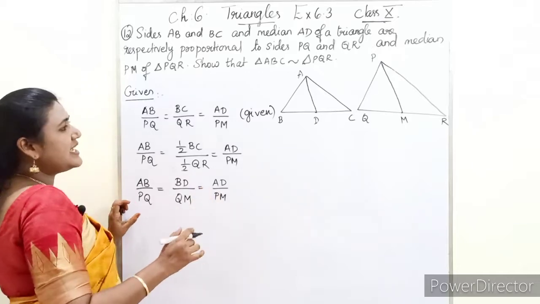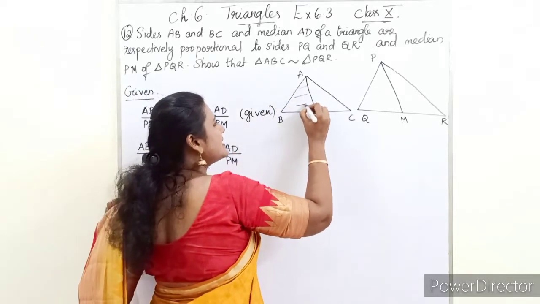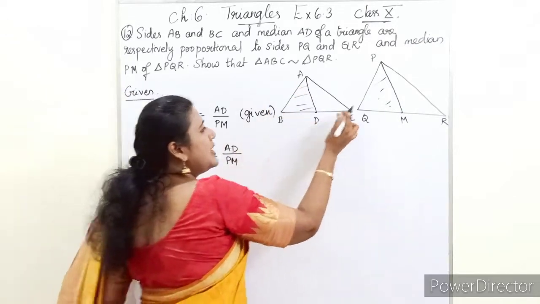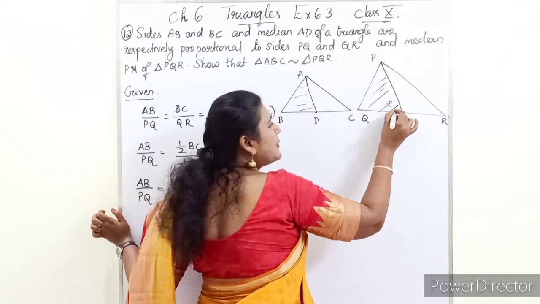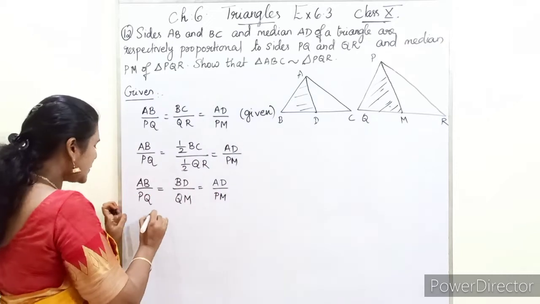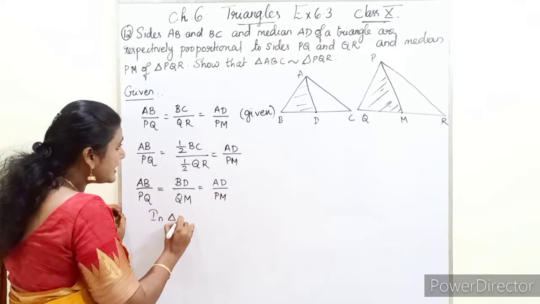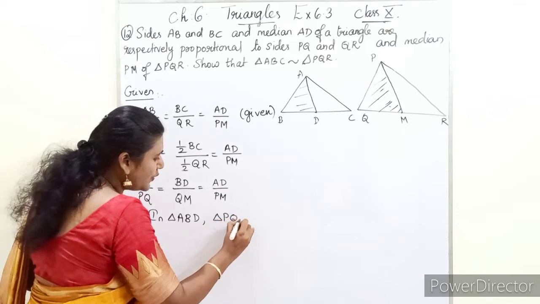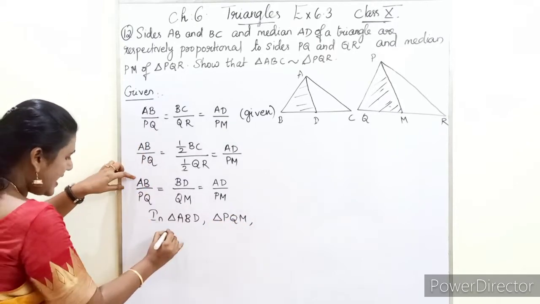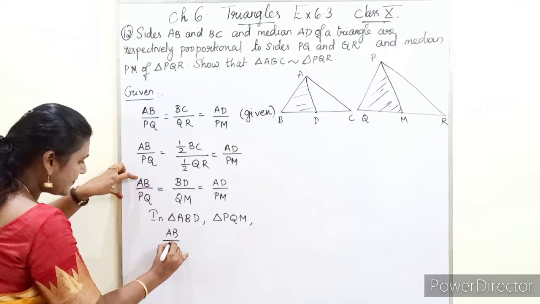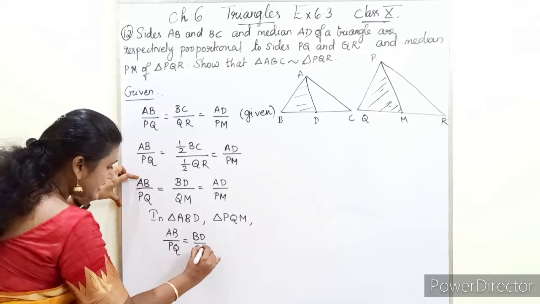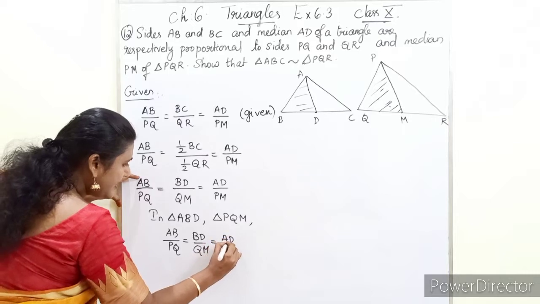So now you see here we are going to consider these two triangles, that is triangle ABD and triangle PQM. Okay, so in triangle ABD and triangle PQM, what we got? AB by PQ is equal to BD by QM is equal to AD by PM.